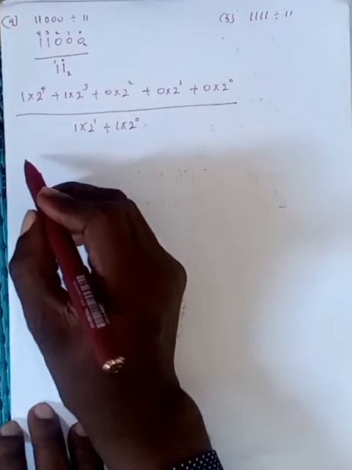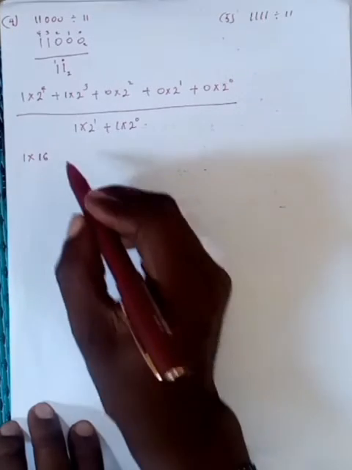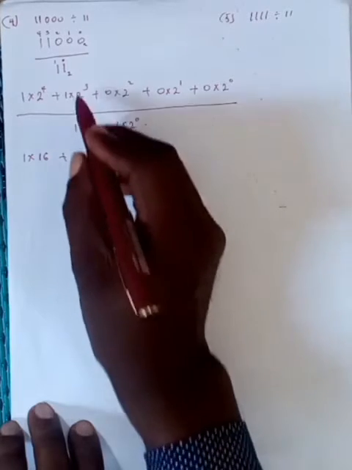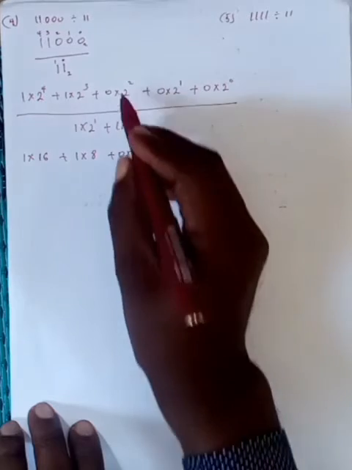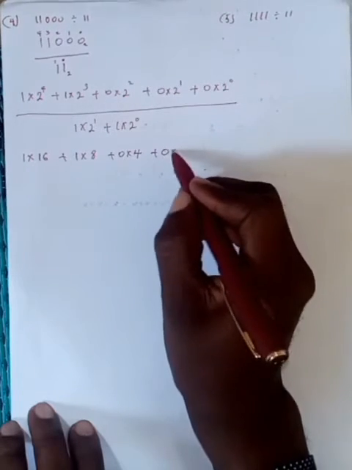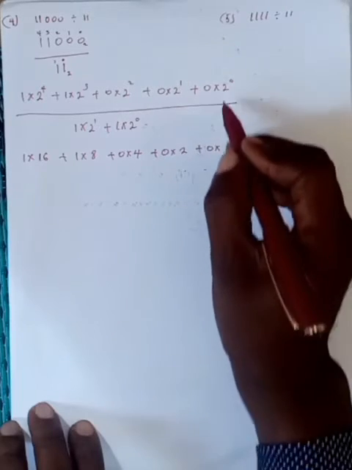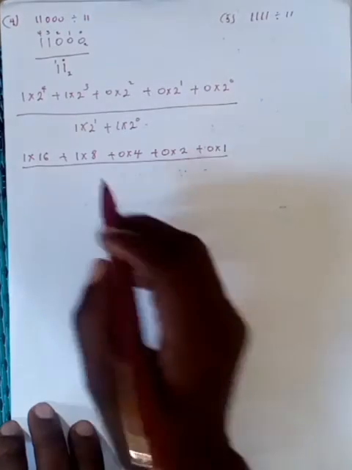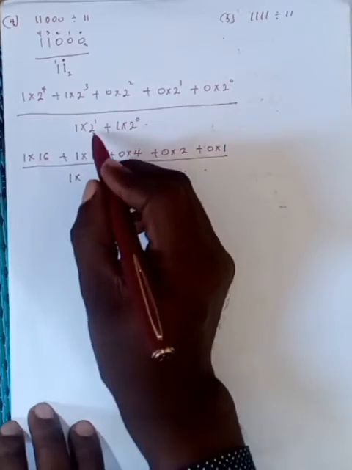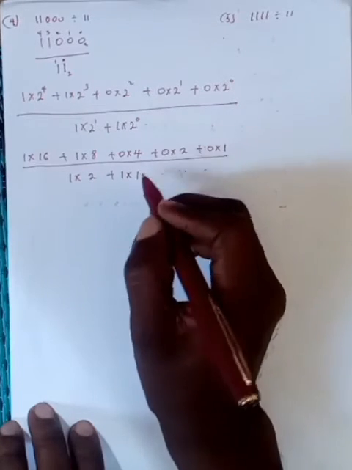So to continue with this means 1 times, we know 2 raised to power 4 here gives 16, plus 1 times 2 raised to power 3 here gives 8, plus 0 times 2 raised to power 2 here gives 4, plus 0 times, we can see that 2 raised to power 1 is 2, plus 0 times 2 raised to power 0 here is what? 1, divided by 1 times, we know 2 raised to power 1 is 2, plus 1 times 2 raised to power 0 here gives what?